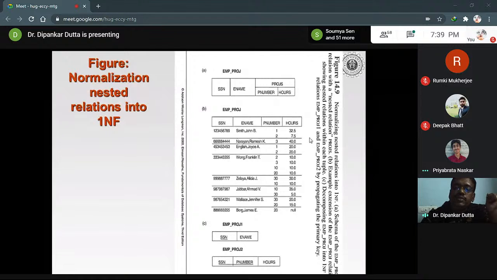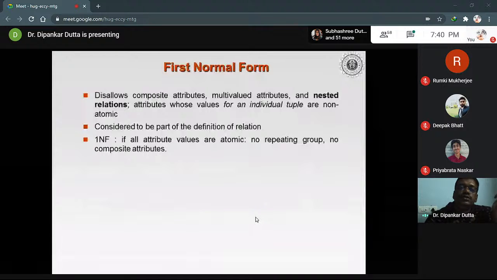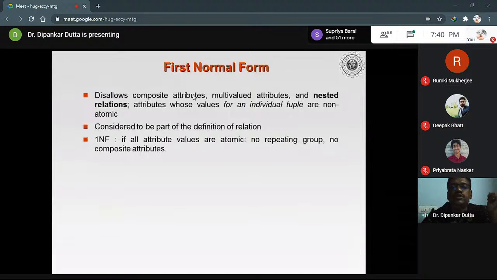So this type of design is not acceptable. We have to design it in such a way that every cell contains a value and that value must be atomic. We cannot see what is written at the very beginning: disallow composite attributes. A composite attribute is, for example, the name of a person having three fields: first name, middle name, last name.